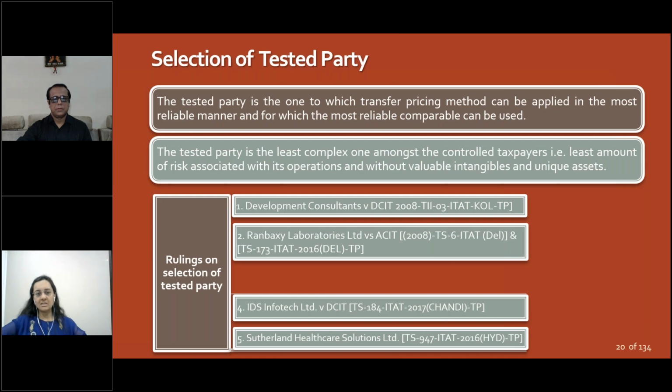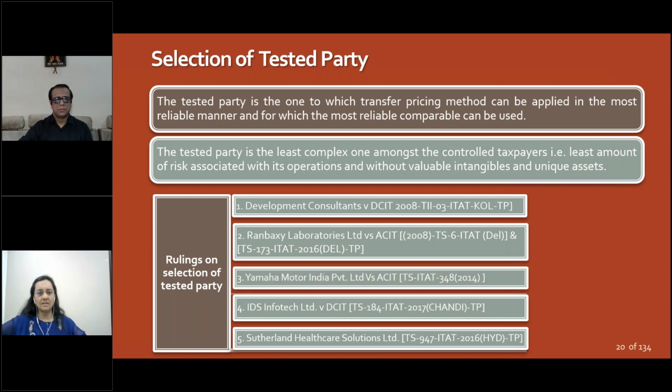But I've given some rulings in my slides, which you can refer to at some point if you would like to read more about it. But now jurisprudence in India is slowly accepting the fact that the foreign AE can also be the tested party. So there's no hard and fast rule anymore of who is to be a tested party.